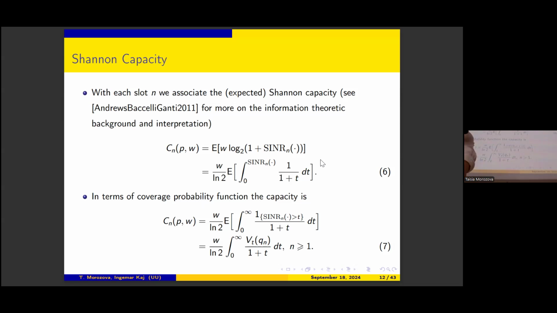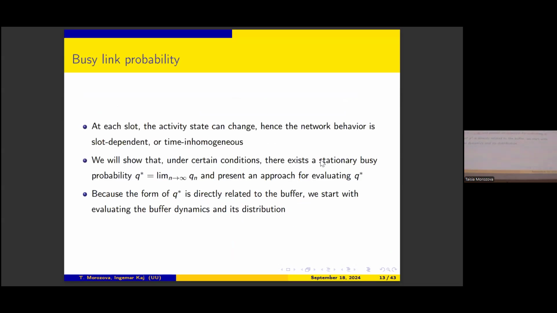Yes, so then we discussed these main performance metrics, right? Coverage and capacity. The problem is that they all depend on Qn. So you can set the values for the rest of the parameters, but you cannot compute it in the current form because they depend on Qn. So what we're going to do next is show that Qn actually has a limit, some limit Q star, under certain conditions, so not always.